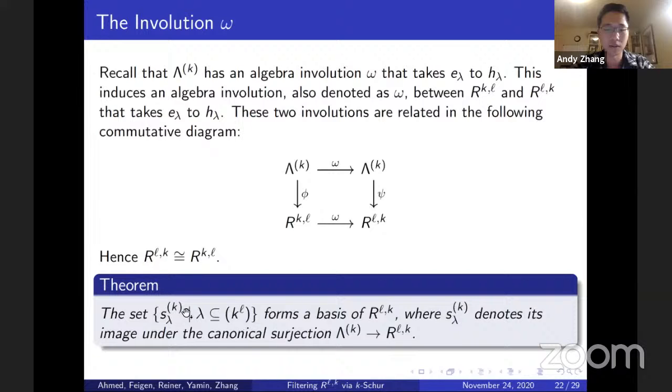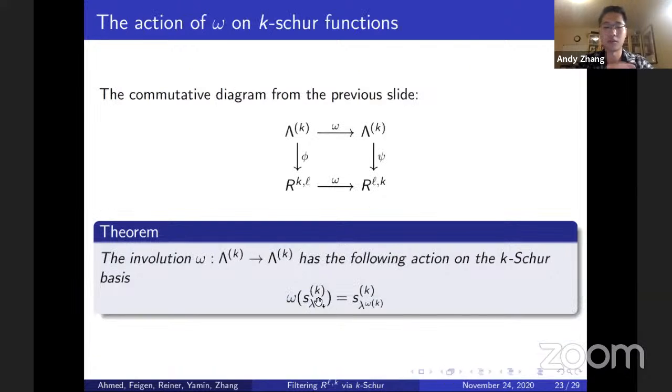So if we ask what the involution does on the k-Schur functions, well, the answer is very simple. The involution takes a k-Schur function to another k-Schur function, but you also need a change of index, and the change of index is precisely described by this k-conjugation.